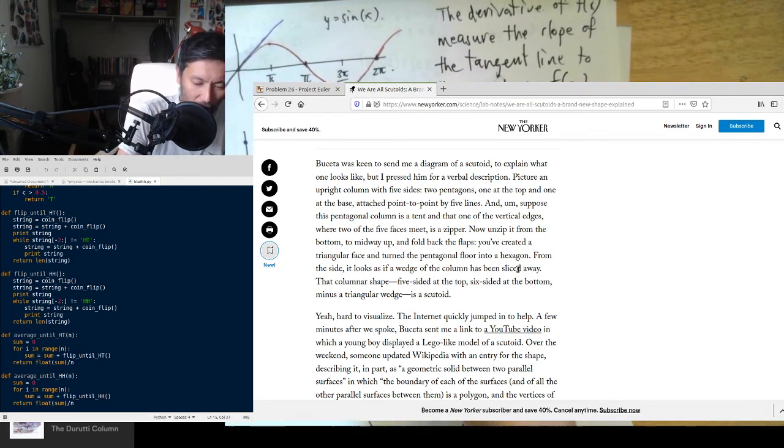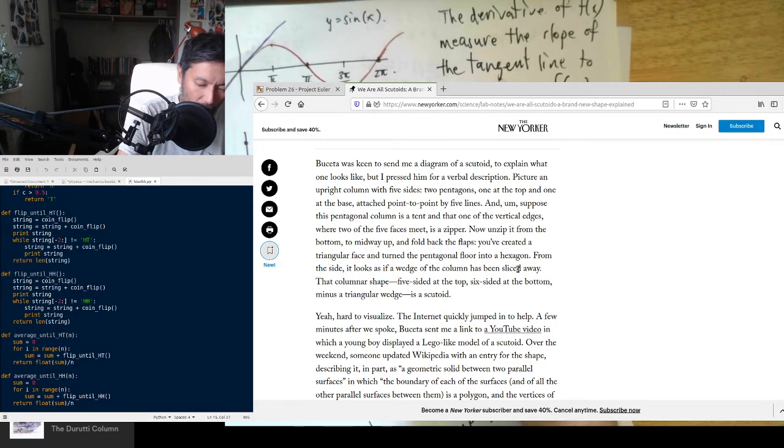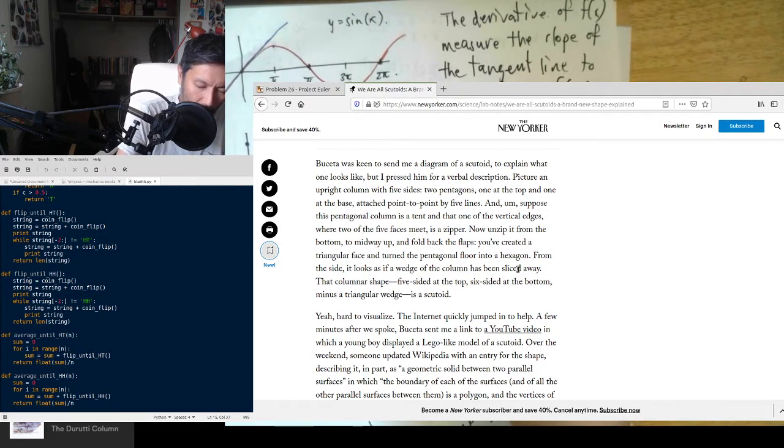Well, no, that's not a good looking foreshortened pentagon. A pentagonal prism. Can't see that side. You can see this one though. And then bingo, bongo, bingo, bongo.